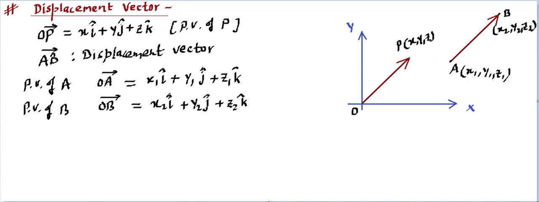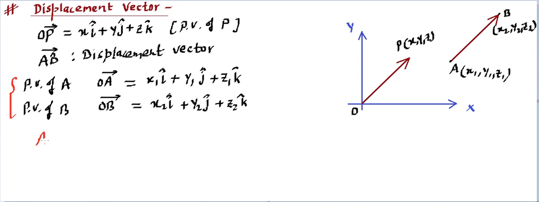Now you know the position vector of A and the position vector of B, because A and B have their coordinates, and those coordinates are known to us. But our objective is to find the displacement vector. So how do we write the displacement vector if the position vectors are known to us?